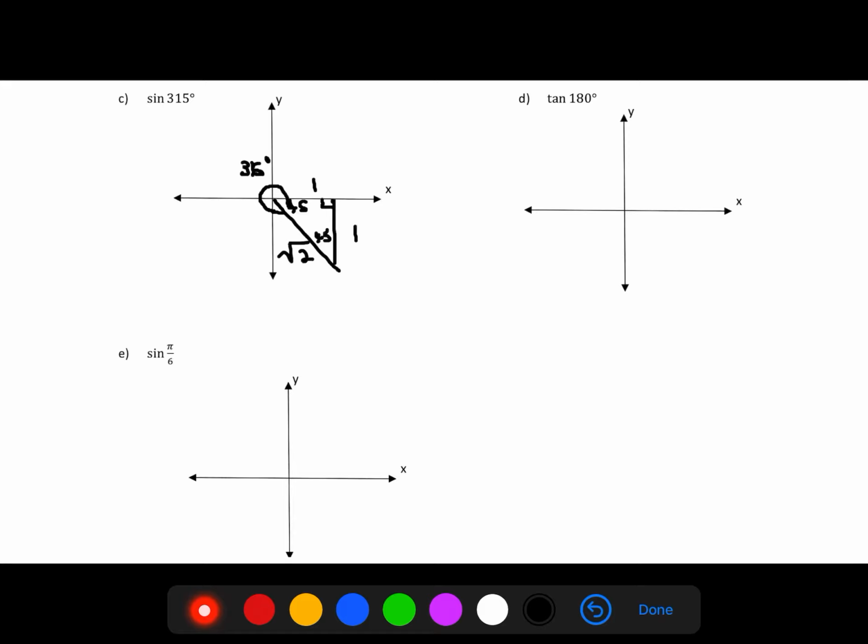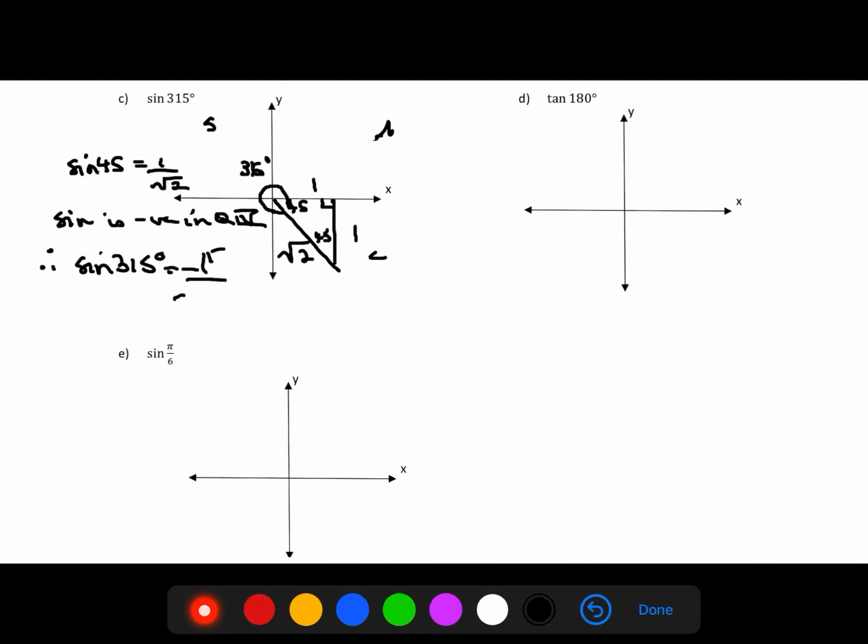And sine of 315, so first of all, sine of 45 is 1 over root 2. Sine is negative in quadrant 4. Therefore, sine of 315 degrees is negative 1 over root 2.